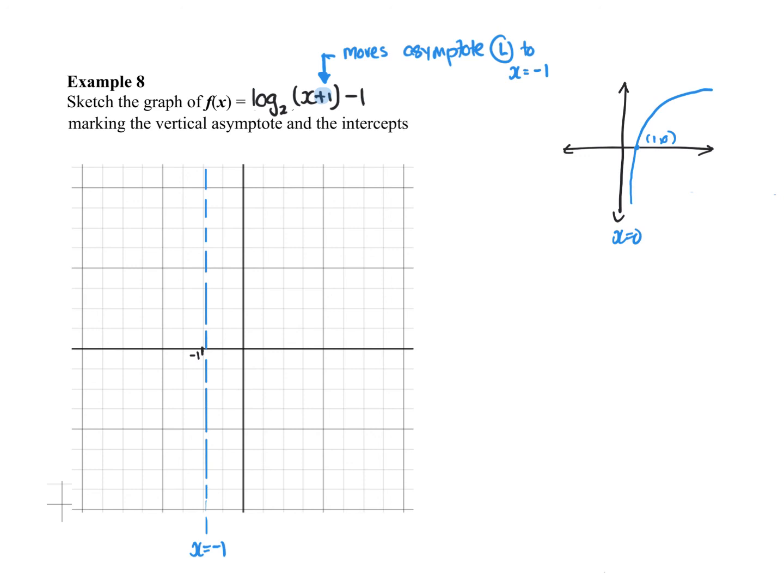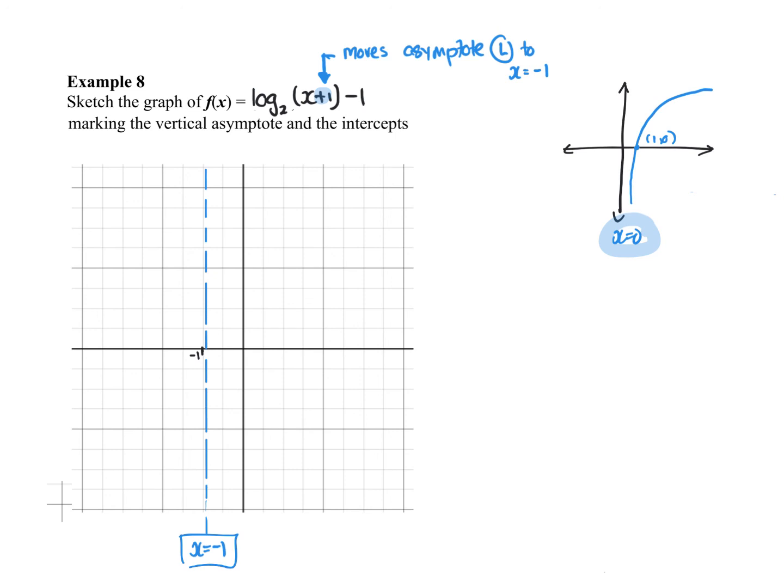So if we've got a plus 1, it moves it to the left, doesn't it? Remember that with our transformations? Originally we had our asymptote on x equals 0, so I'm going to move that asymptote to the left by 1. So I've now put this asymptote as x equals -1.